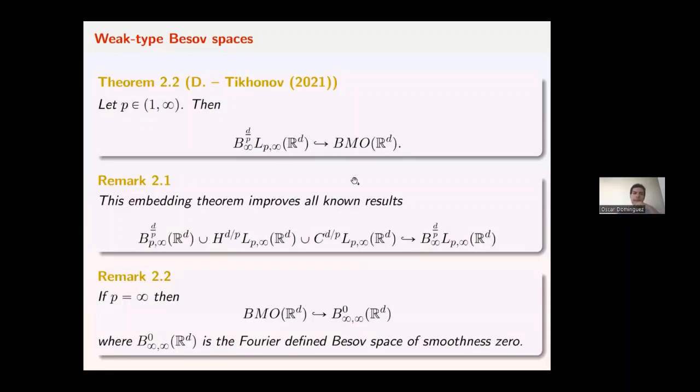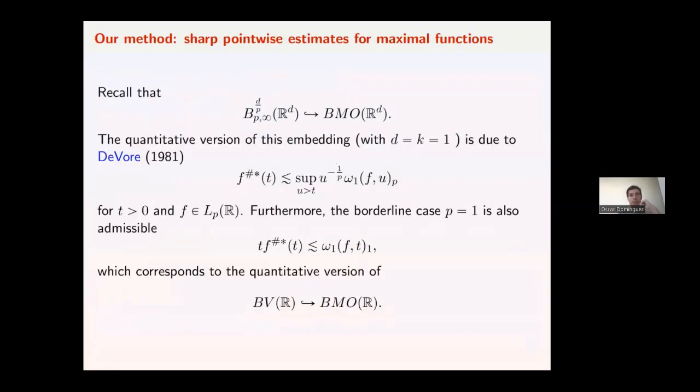Now I would like to say some words about the proof of this embedding. Our method relies on sharp pointwise estimates for maximal functions. So to motivate our method, let me start from very classical results. Let me recall again the classical embedding into BMO in terms of classical Besov spaces.